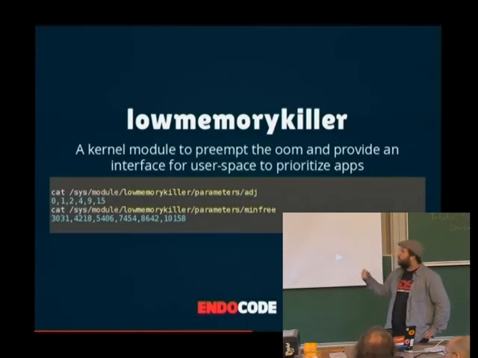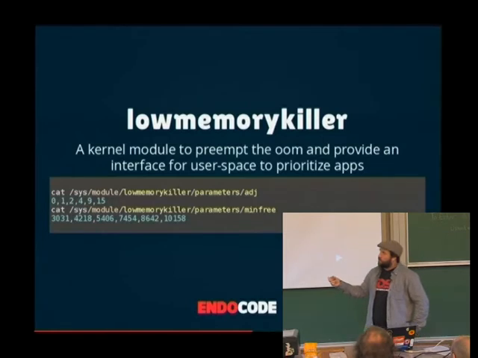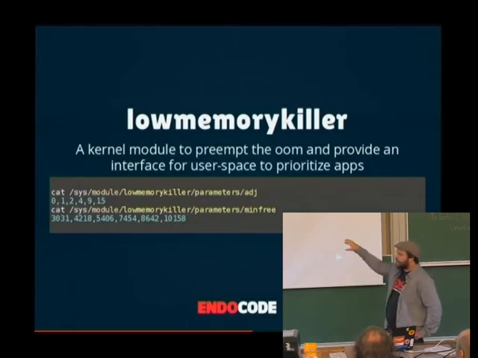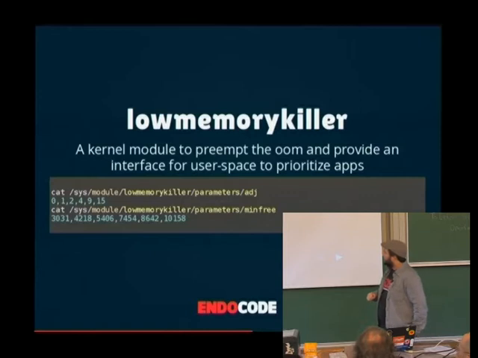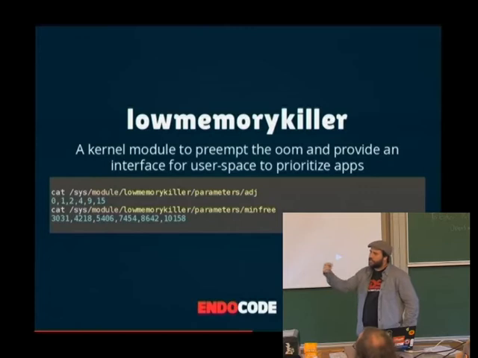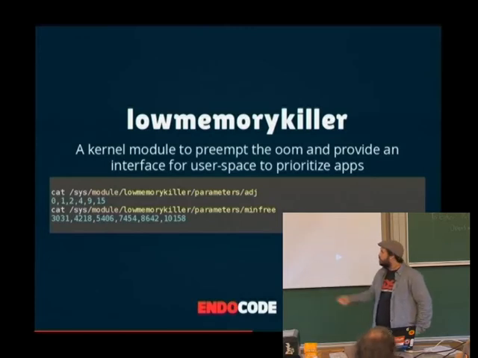The OOM adjust is deprecated, and there's more granularity in the OOM score adjust. You'll see, I think, a maximum of 1,000. And actually the low memory killer has changes now so that if you feed it numbers like this, it will look for those and adjust them to the newer mechanism.